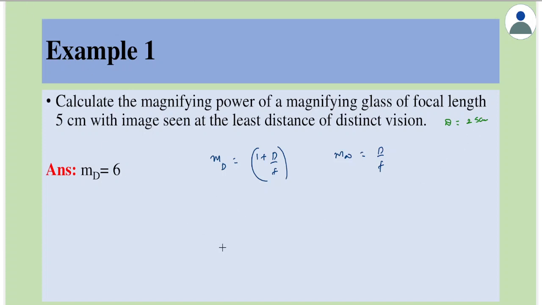Therefore, putting it here, the magnification is given as 1 plus D would be 25, F is 5. And keep in mind that in this case both D and F are in centimeter, so the units get cancelled, so it becomes 1 plus 5 is equal to 6.